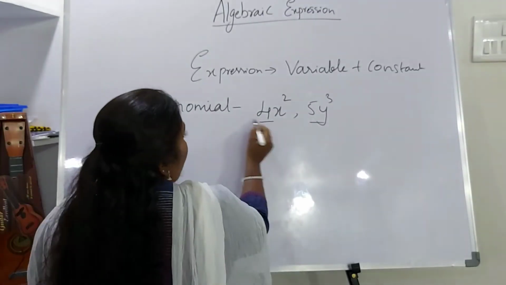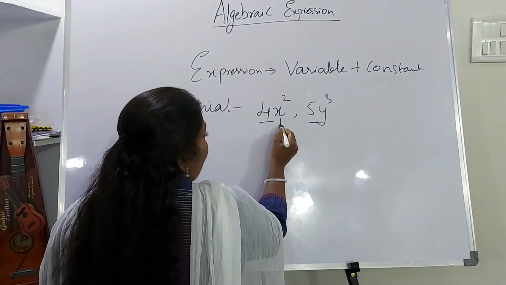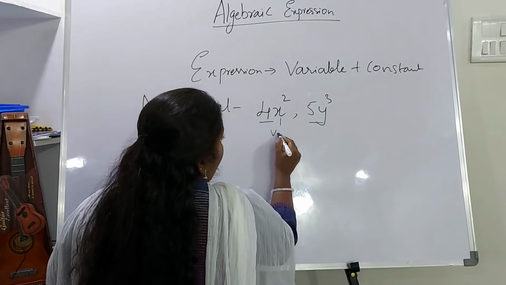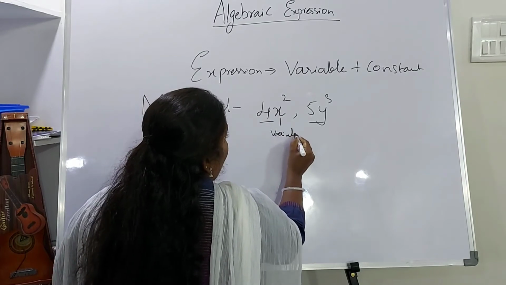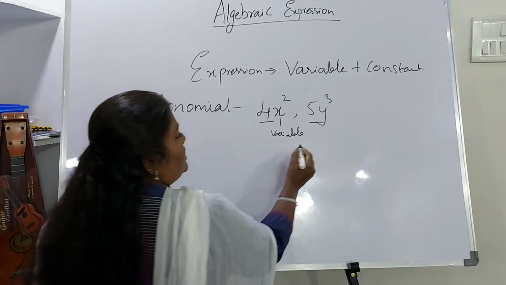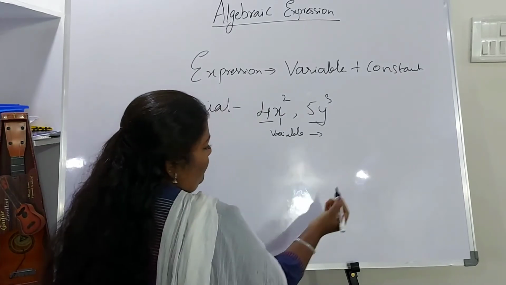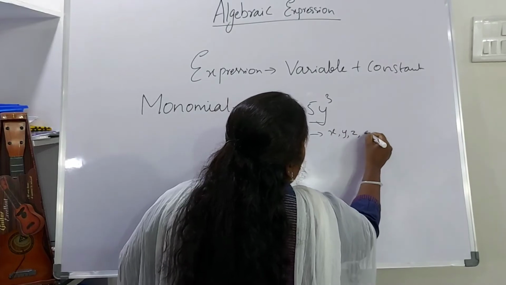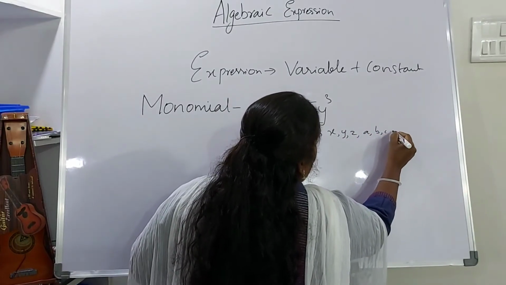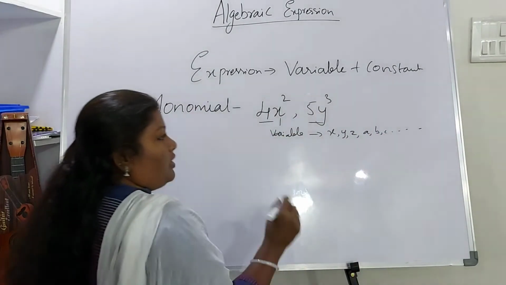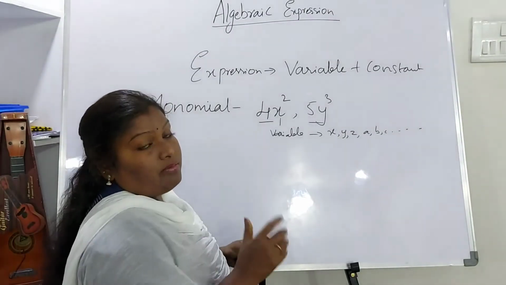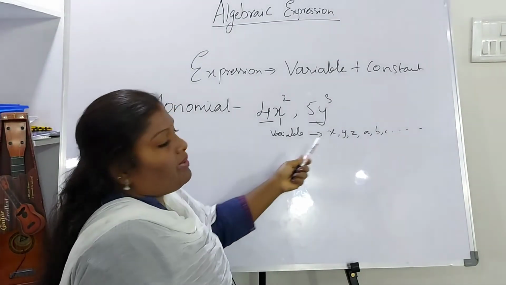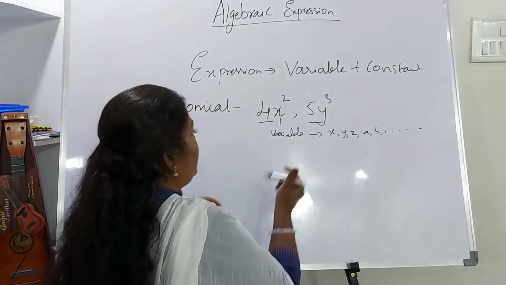So again here expression is a combination of variable. X is a variable. Now variable is represented by any alphabet. For instance, X, Y, Z, A, B, C and so on. This variable can accept any value and it is represented by English alphabets.